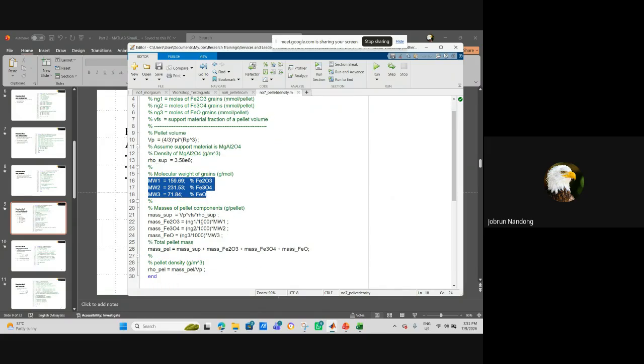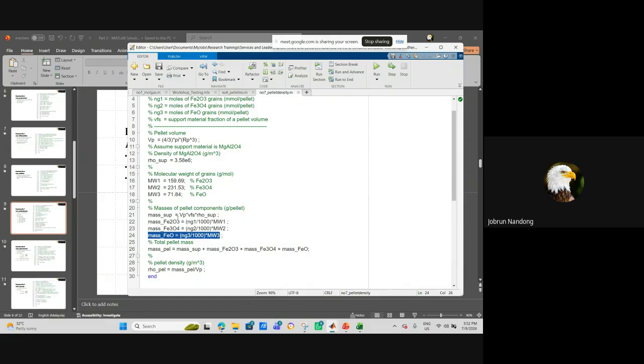Then after that, we can calculate the mass of the support material. We need the mass of grain number one, grain number two, and grain number three, then we add them together. There's also a mass of gas to consider, but it is very small compared to the mass of the solid, so we ignore it, assuming it is approximately zero.